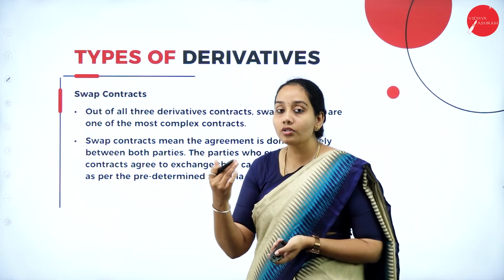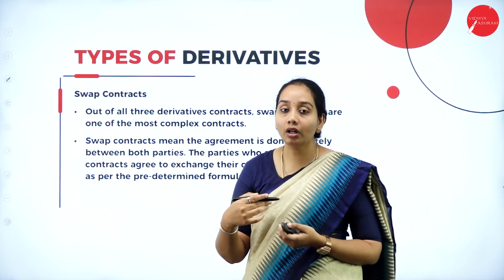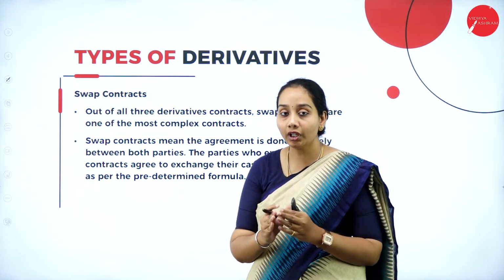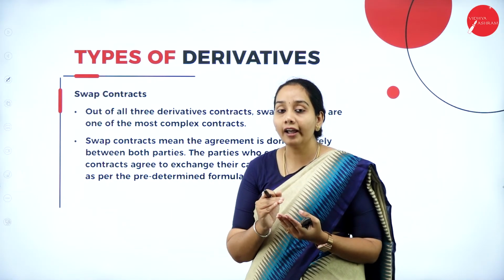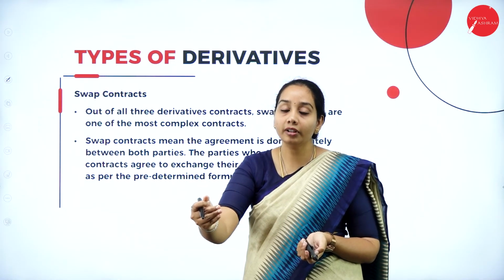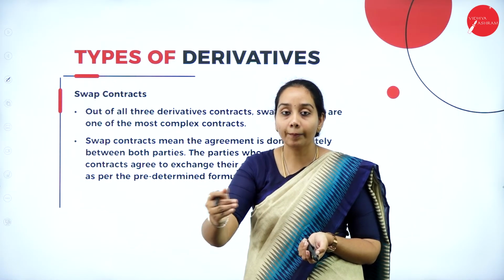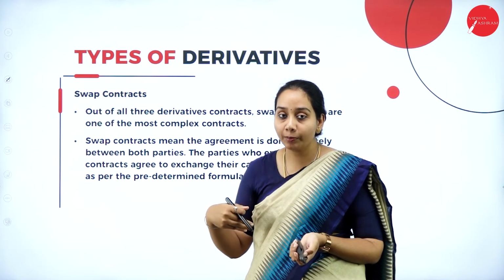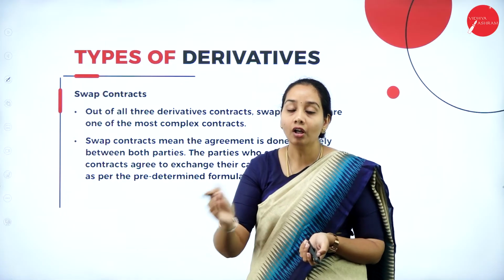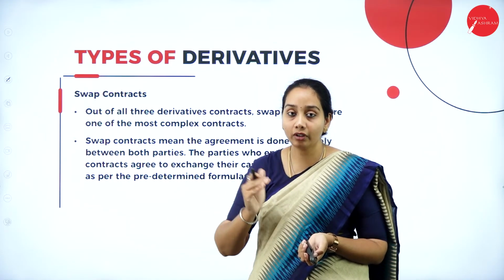A call option is also like a forward contract. Two people come together and you call the person, saying that you are going to buy the product. Whereas in the case of a put option, the buyer has the option whether to buy the product or not.